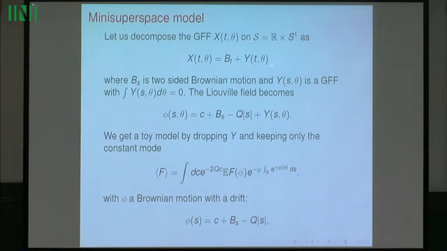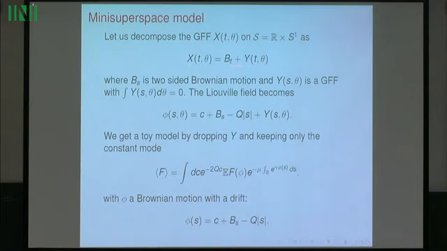Okay, so I can now decompose that into two pieces, namely its integral around the cylinder, and that's just the Brownian motion in time t, and then the rest, which is something which has now 0 integral around the cylinder everywhere. Okay, so that's a simple decomposition of the free field, probably familiar to most of you.